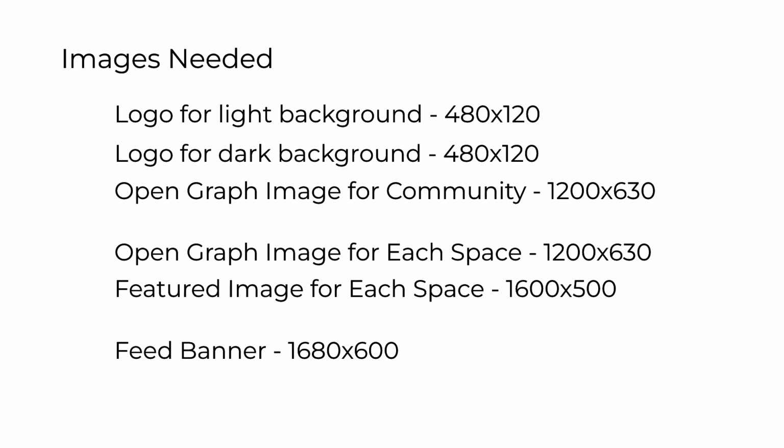And then you'll need an open graph image for your community that's 1200 by 630. That's the image that will show if a link to your community gets shared on social media. Then for each space, you're going to need an open graph image, 1200 by 630, and what I'm calling a featured image, which is 1600 by 500.